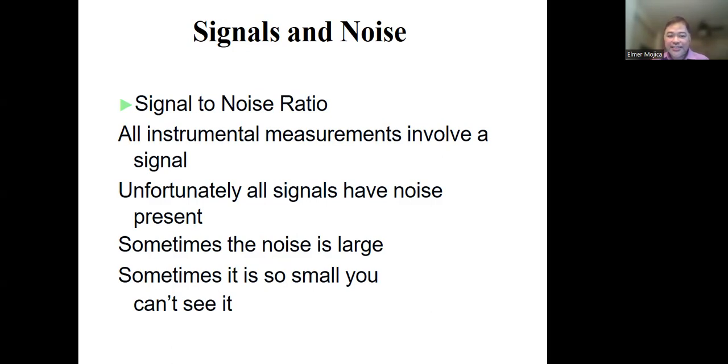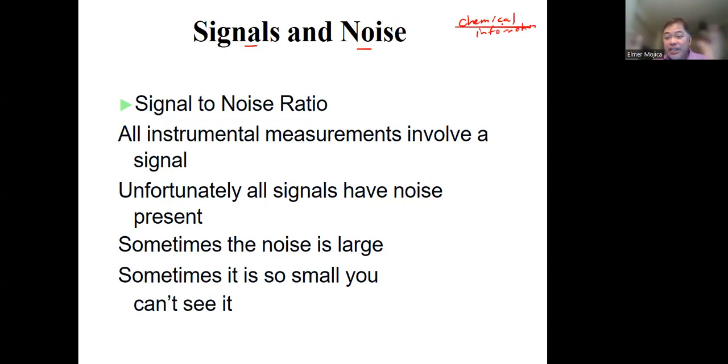Okay? So yung dalawang component na yun eh yung signal tsaka ang noise. Pero doon sa bigay ng analytical data, may isa pang component na dapat mong i-take into consideration. Okay? At yun yung tawag nating yung chemical information.